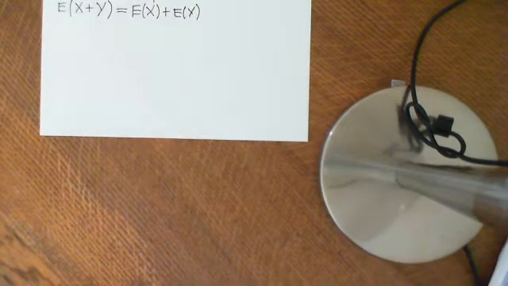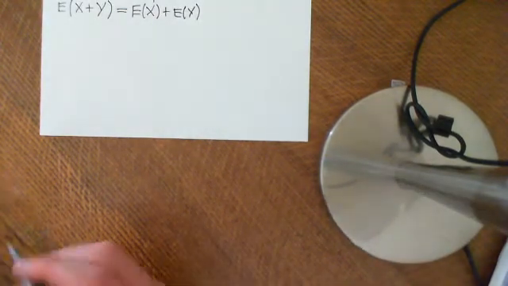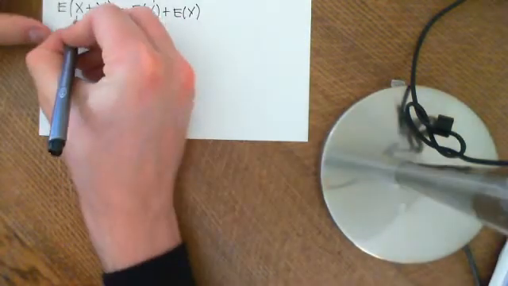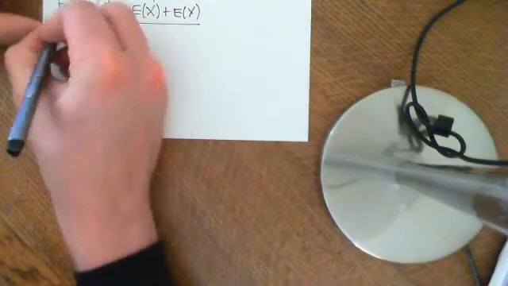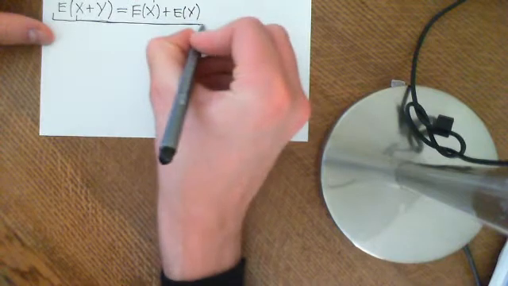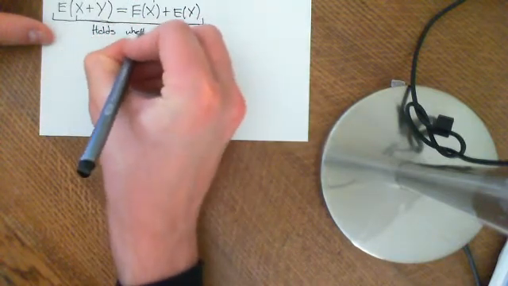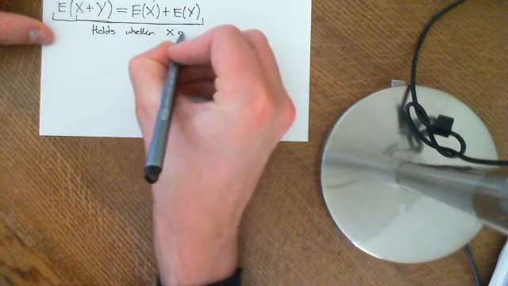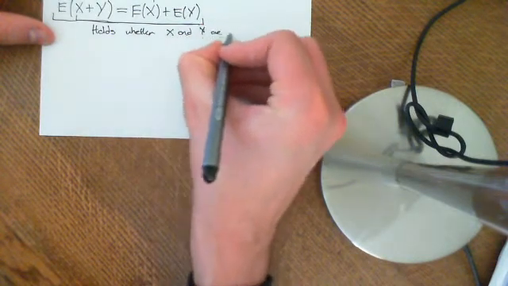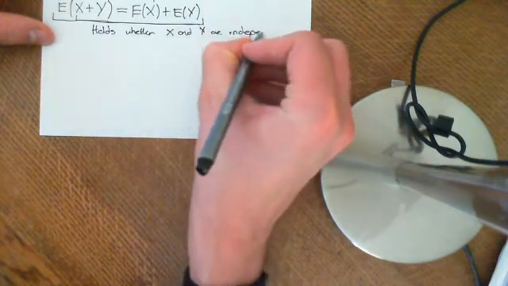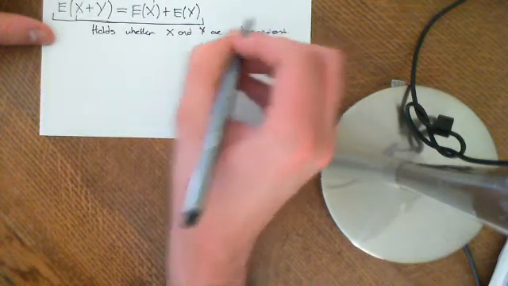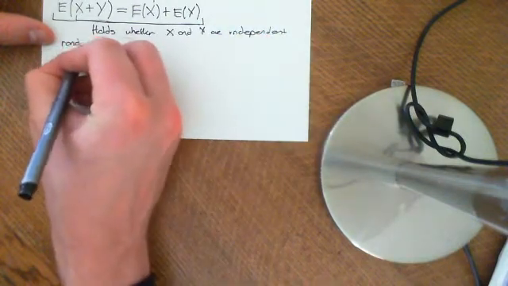And the incredible thing is that this formula holds, this second linearity property holds, whether X and Y are independent random variables or not.